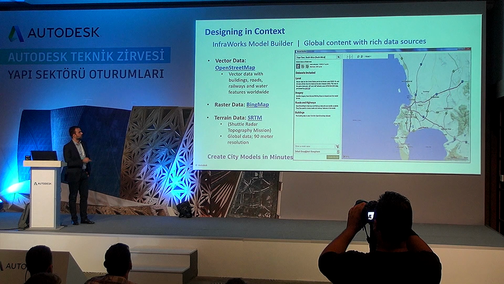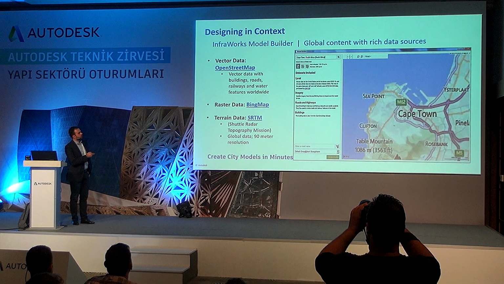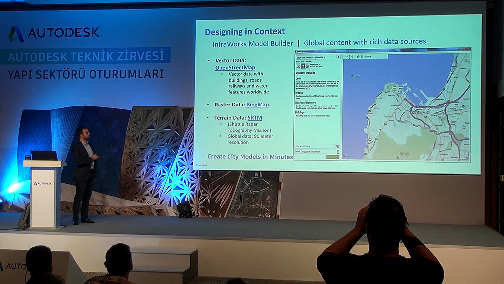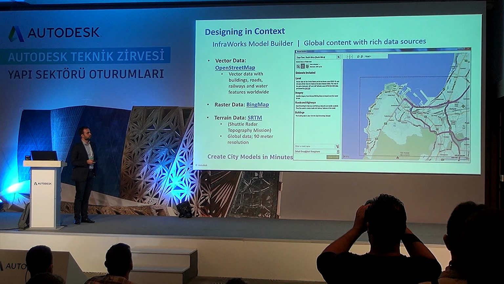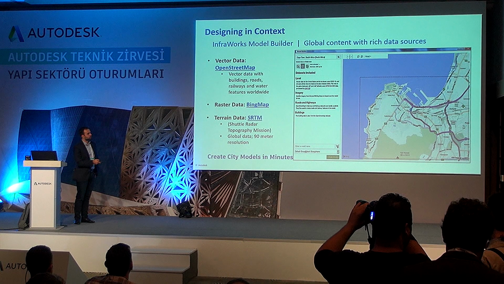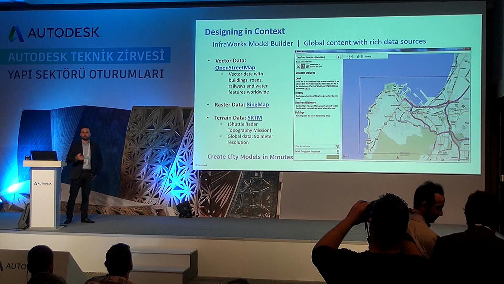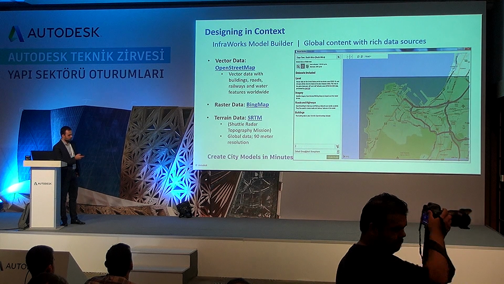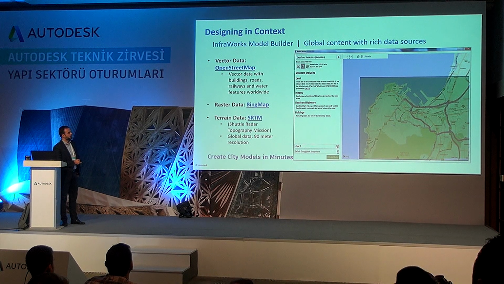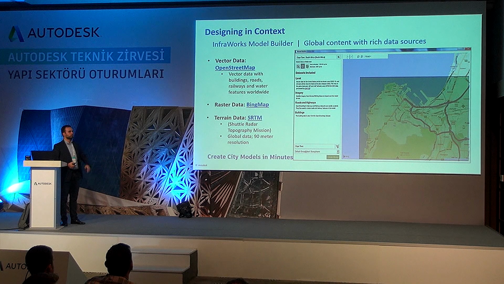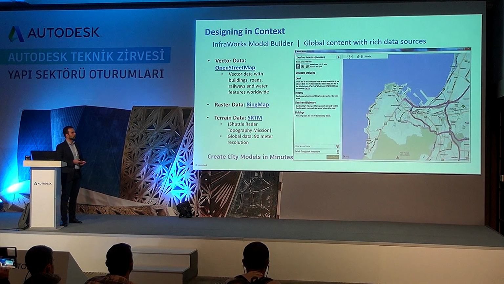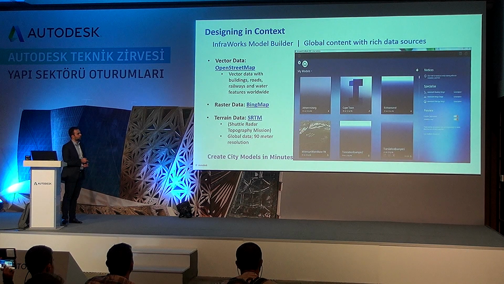It's free, by the way. You type in the city, in this case Cape Town, in South Africa, and it will zoom in to that area of interest. You specify an area of up to 200 square kilometers, which is the maximum accessible, and then you specify a name for the project. It could be a new road network, or a new bridge, or a new rail track, whatever the case. And you share it with your team.